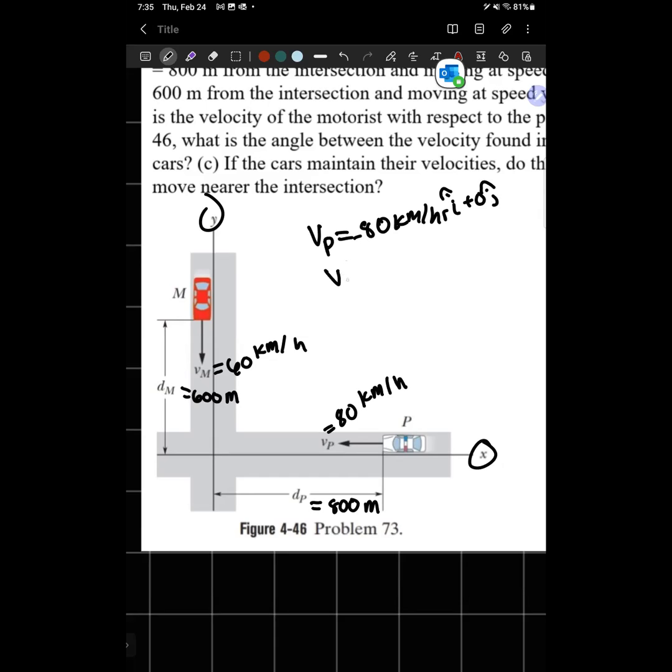And then VM is going to be 60 i hat minus 60 kilometers per hour j hat.